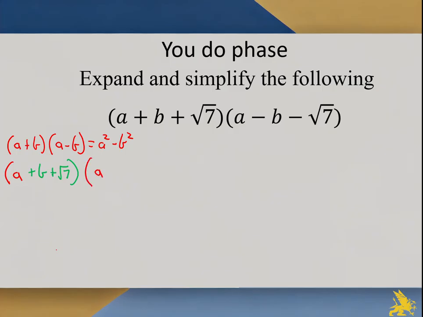I've got my A, but I'm going to see how we got the negative b and the negative square root of 7. I'm just going to take that negative out the front. So then that gives me b plus square root of 7. So straight away we can see that we've got A is just A, but my B value is b plus square root of 7.